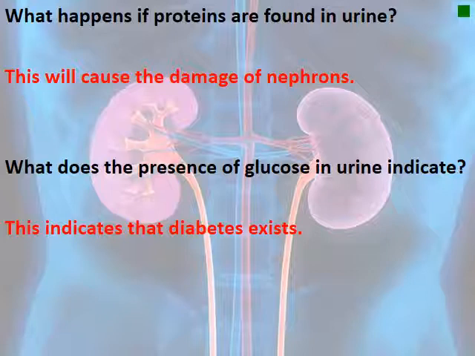In the old eras, they used to taste the urine. If it tasted sweet, then we knew that we had diabetes. But nowadays we can detect the presence using tests.